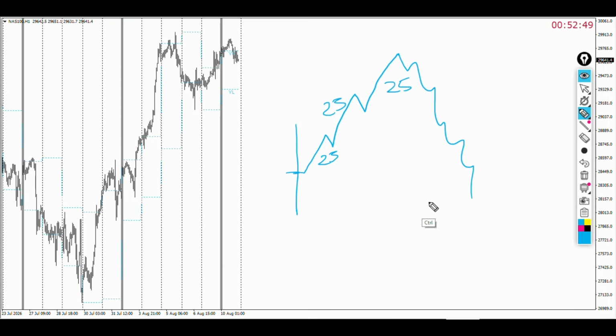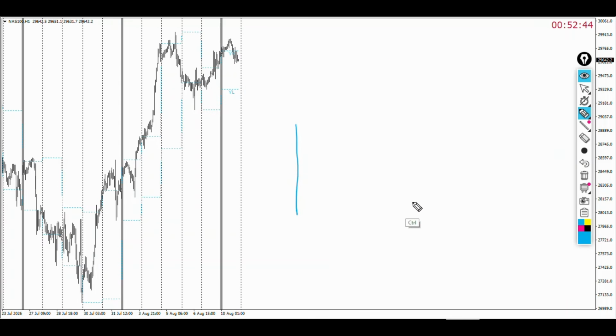For most indices pairs like gold, Nasdaq or US 30, it can give you 50, 50, 50 then a drop, or 75, 75, 75 then a drop, or 100, 100, 100, or 150, 150, 150, three levels.